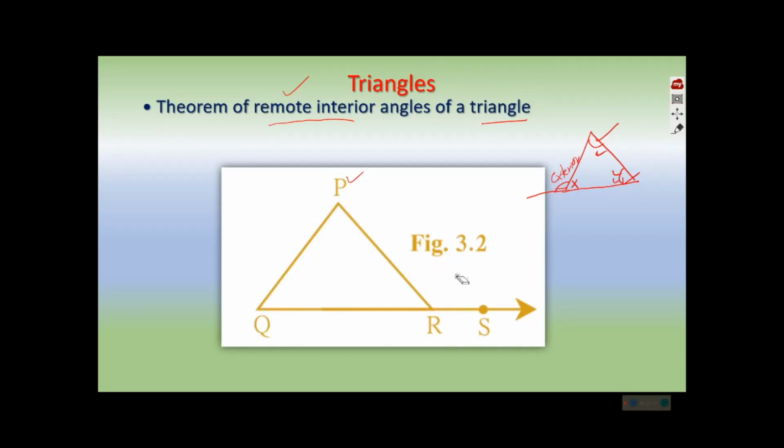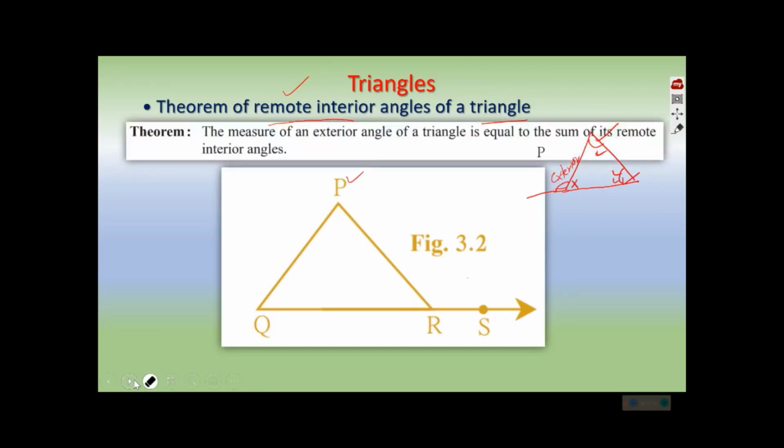Okay. So what actually is the theorem? The measure of an exterior angle of a triangle is equal to the sum of its remote interior angles.